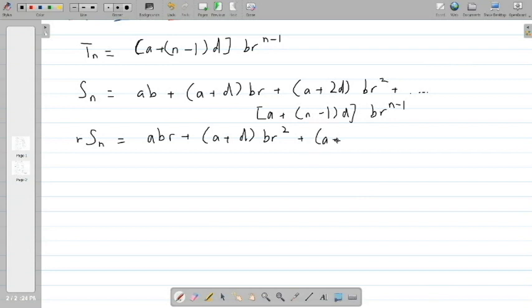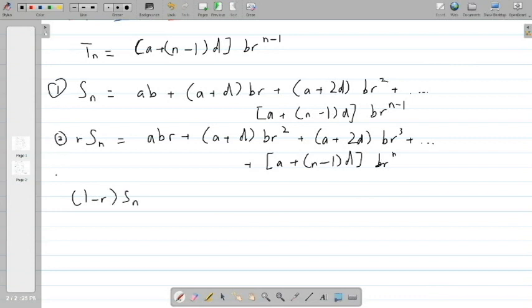This is going to be a plus 2d br cubed plus dot dot dot plus a plus n minus 1 d br^n. And we're going to take the difference of the two. Right? We're going to take equation 1 and equation 2 and subtract them. This subtracted by this is the same, but this one is going to have some difference.